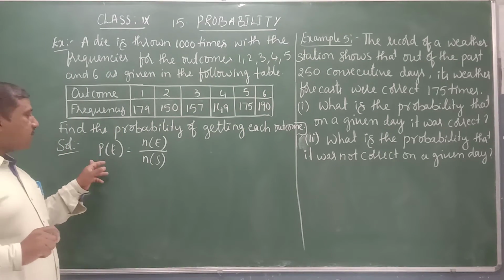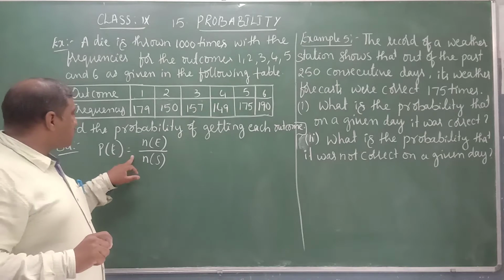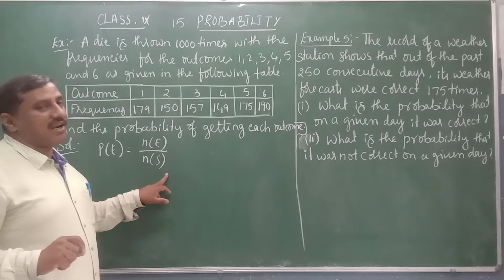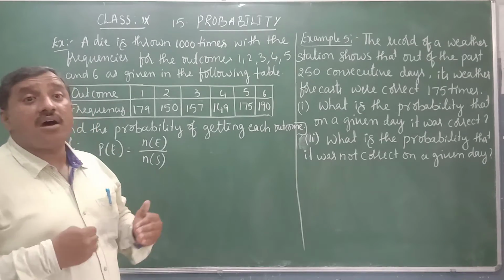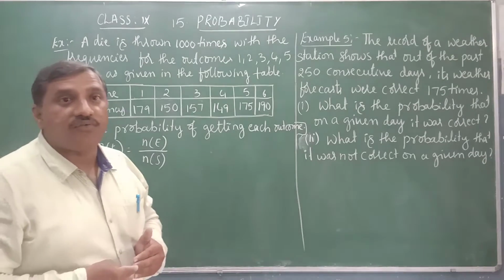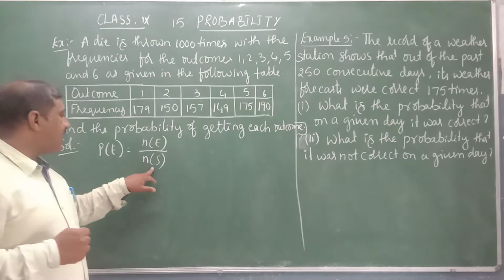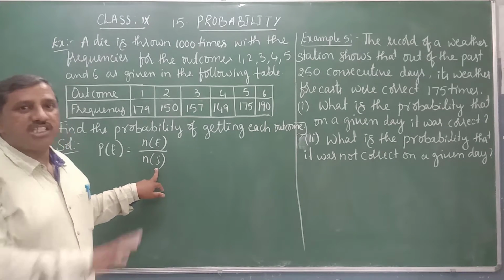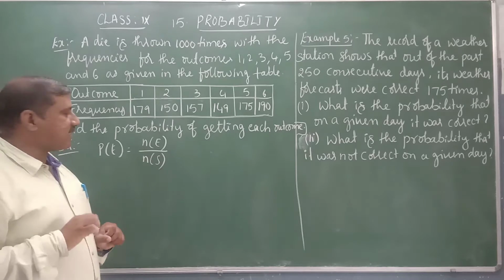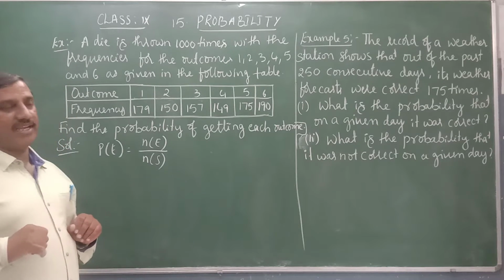So P(E), the probability of an event E, is equal to n(E) divided by n(S), where n(E) stands for the number of favorable outcomes of an event, and n(S) stands for the sample space, that is all possible outcomes of that experiment.